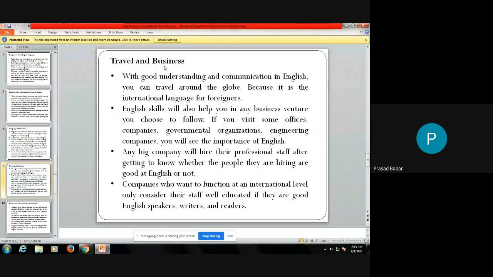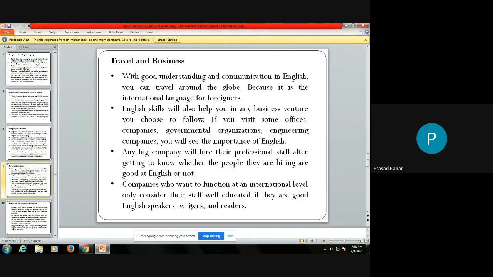They will only hire you when they understand that you are very good in your English. Companies who want to function at an international level only consider their staff well educated if they are good English speakers, writers and readers.